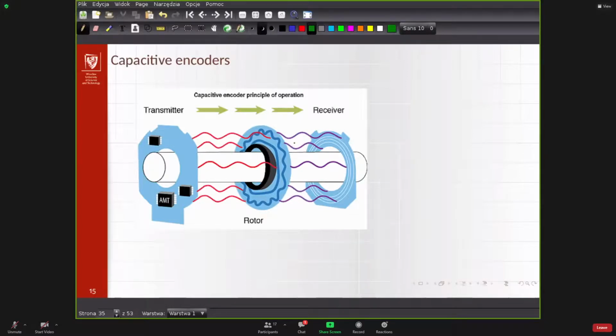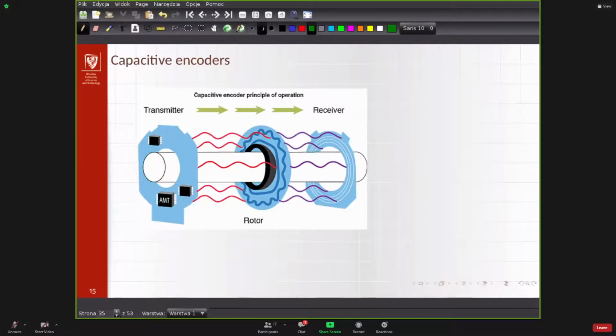Then you can have capacitive encoders, quite interesting, probably the newest solution that appears, that you can find in the rotary encoders. Those are simply, let's say, capacitors with a changing capacity.